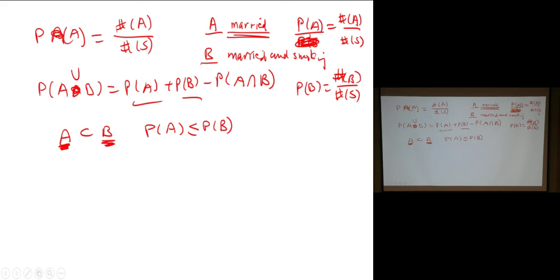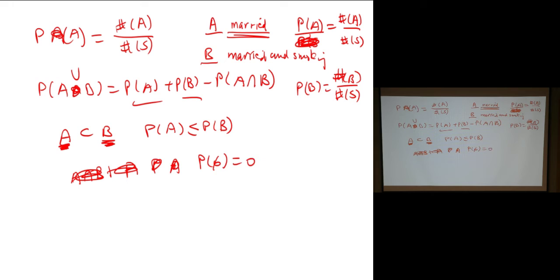Okay, so I want to emphasize this. We know that the probability of an empty set is 0.